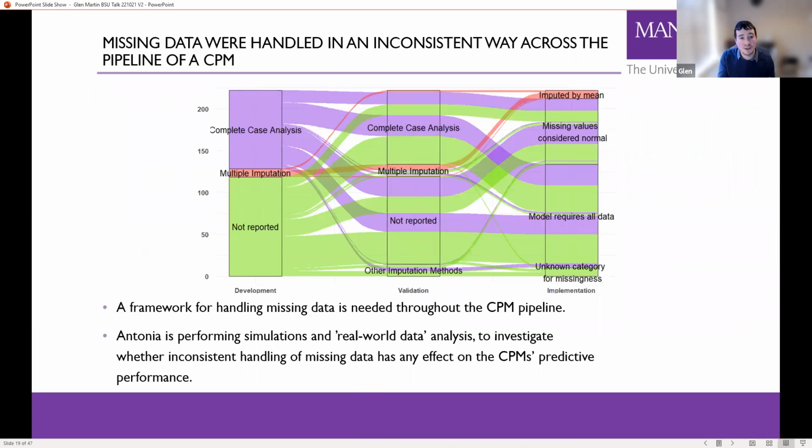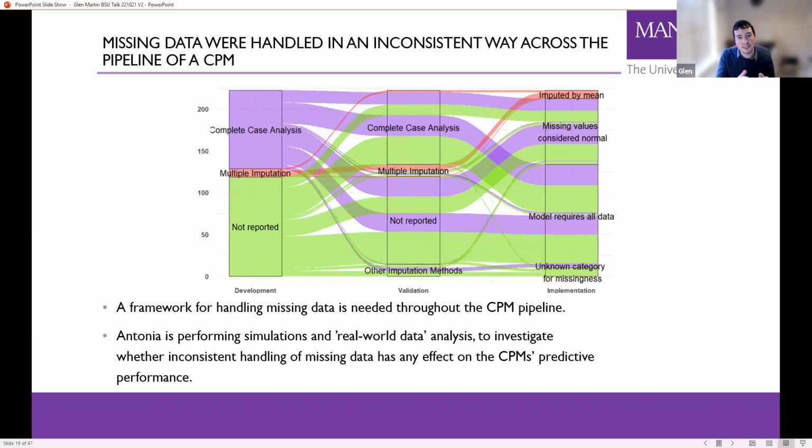What was particularly of interest to us is this result here. This is a Sankey diagram showing the imputation method, or the method of handling missing data, at each of the 3 stages. What we found is that at development time, the most common approach was either to not report what they did, or when they did report it, it was complete case analysis, essentially excluding anyone with missing data.